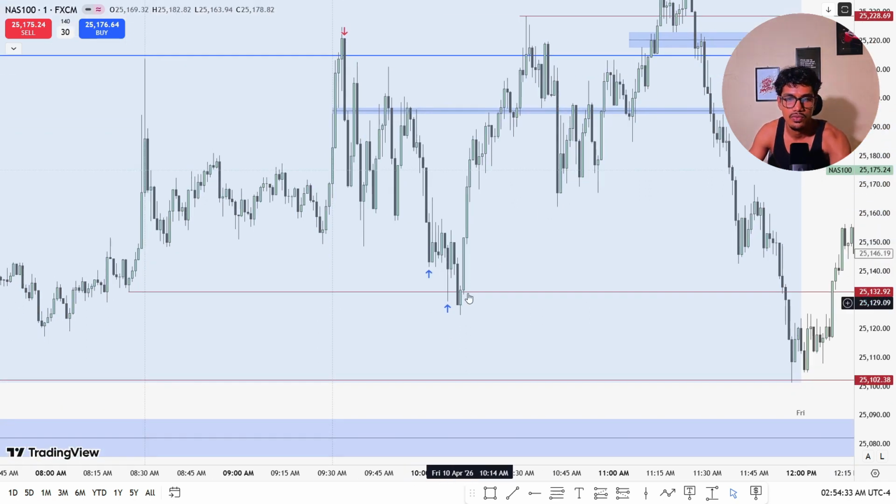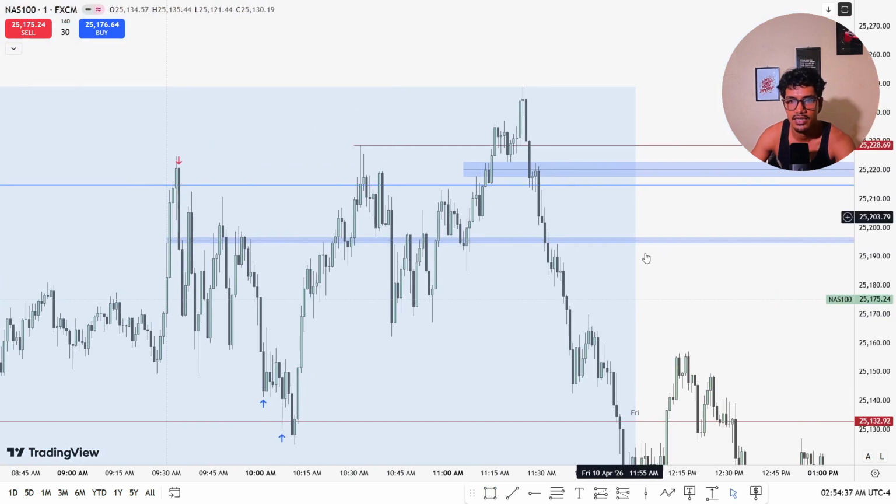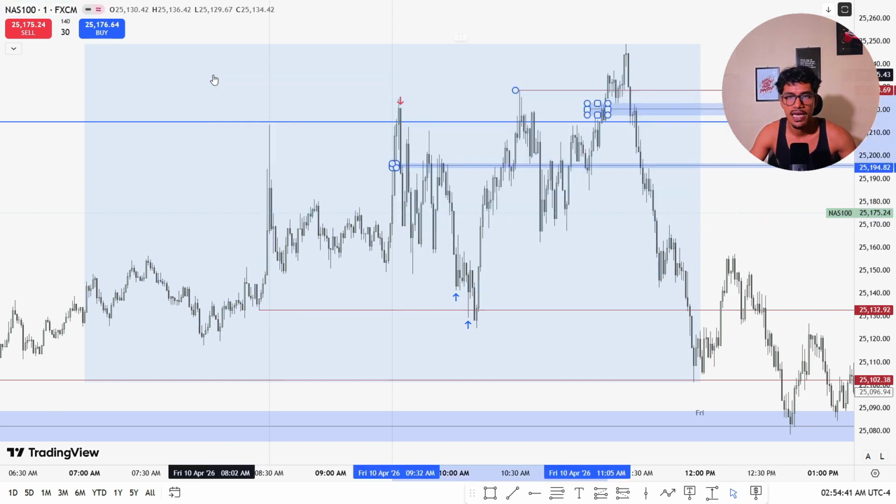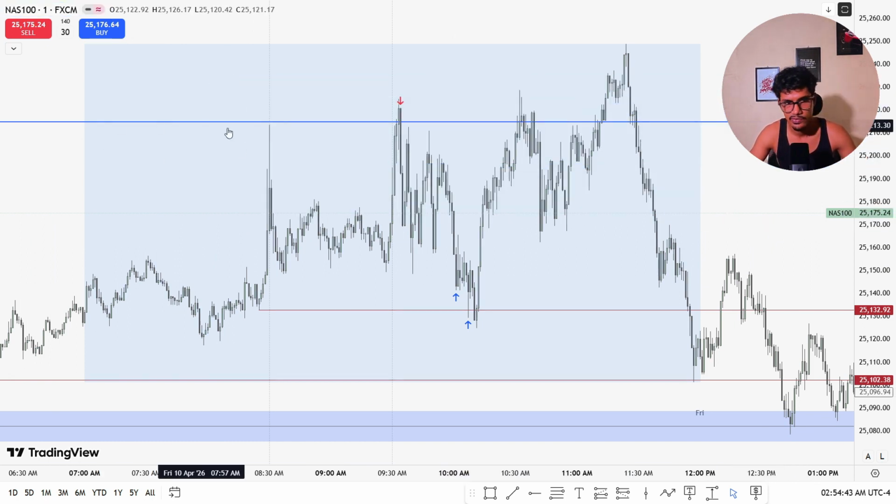And then look, once we took out these, price inversed and pushed higher, which I already explained. So yeah, man, every time you trade fair value gaps or inverse fair value gaps, remember to ask yourself what the majority of the traders are thinking just by looking at this. I'm repeating this so many times because it is necessary for you, bro.